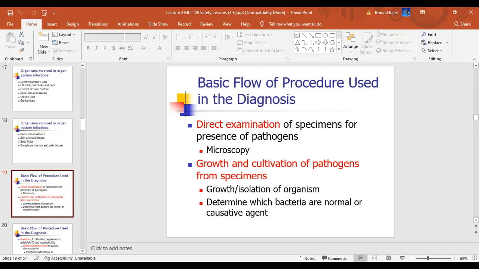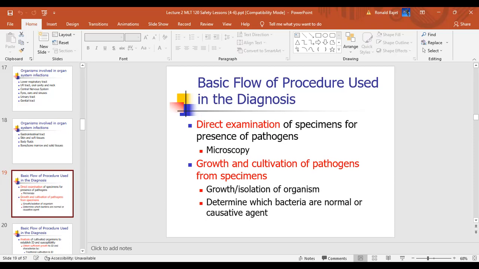If you report gram-positive cocci in clusters, then right away he's going to think staph. And if you say gram-positive cocci in tetrads, there's only one group of organism that exists as gram-positive cocci in tetrads. Anybody know what that is?